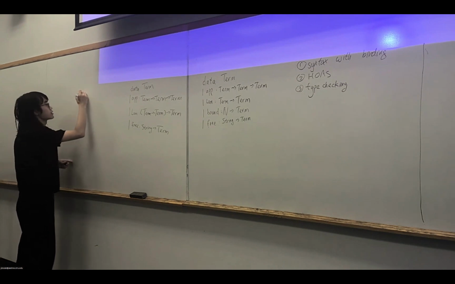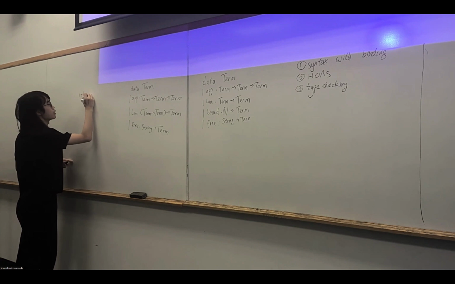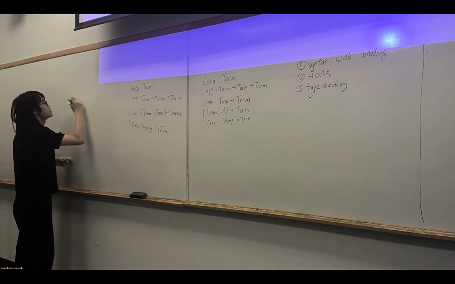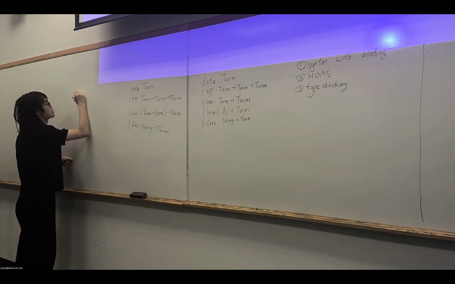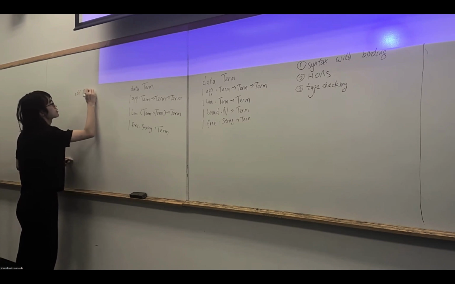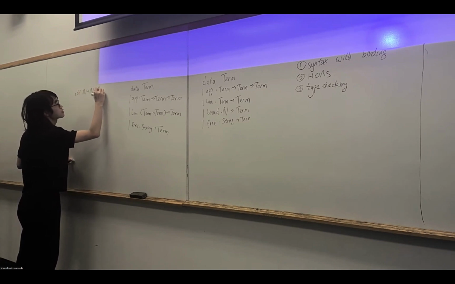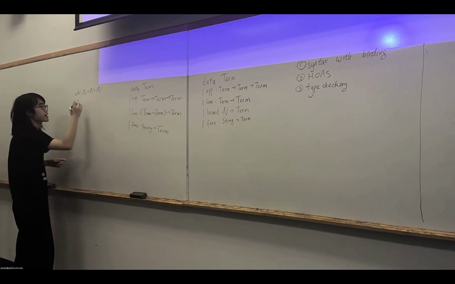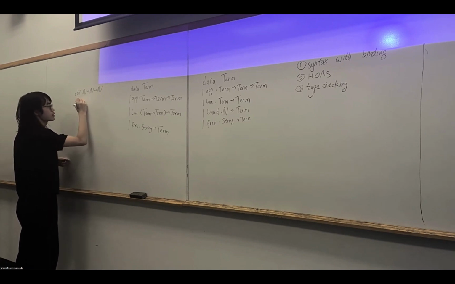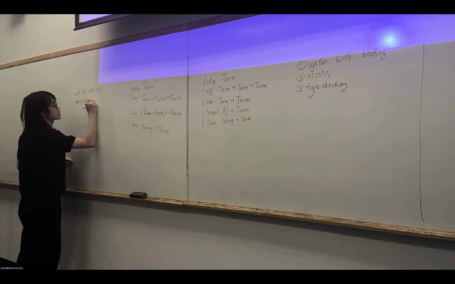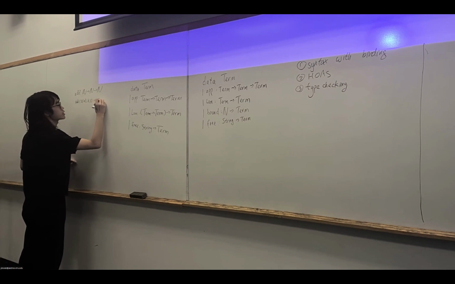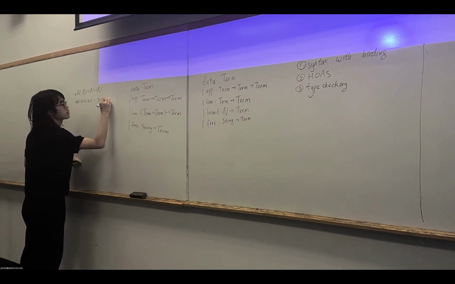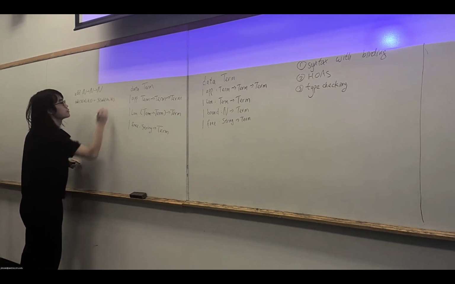So for instance, when we write the addition of natural numbers, in the second case of addition, we match on the parameters, and we recursively call addition in the function body.